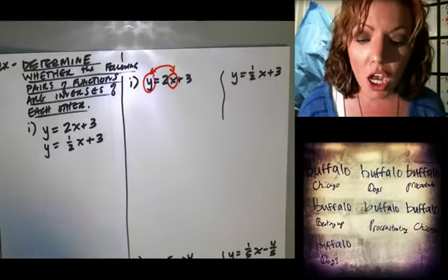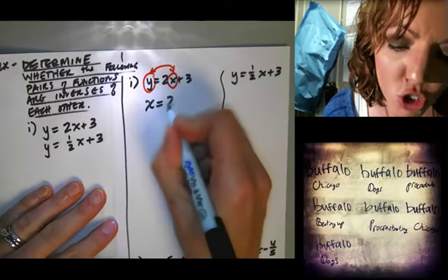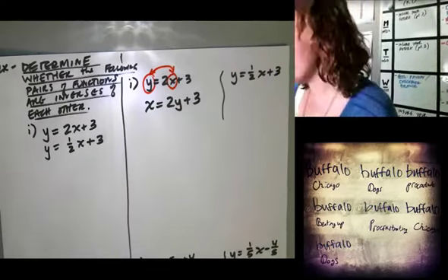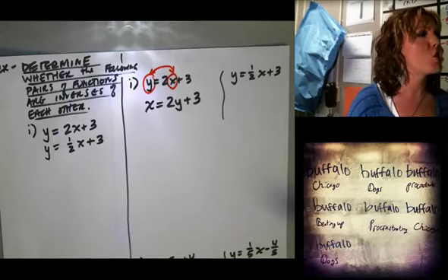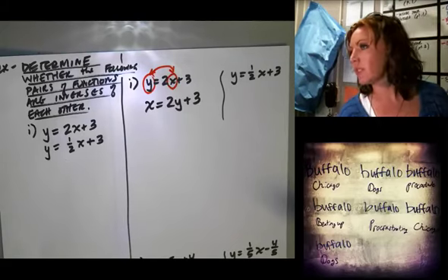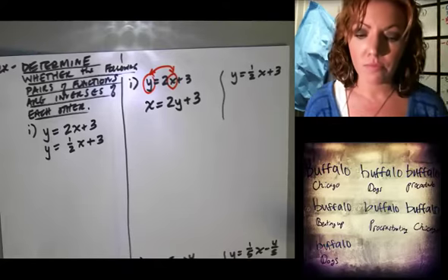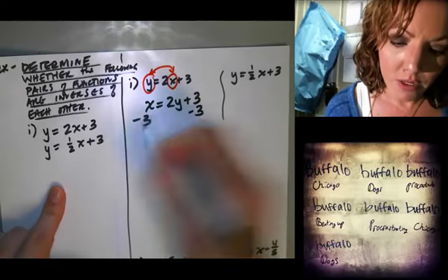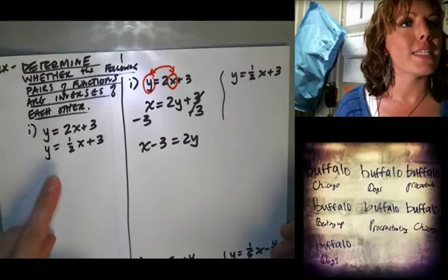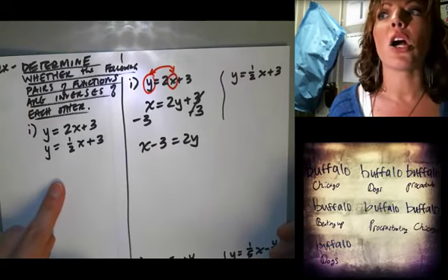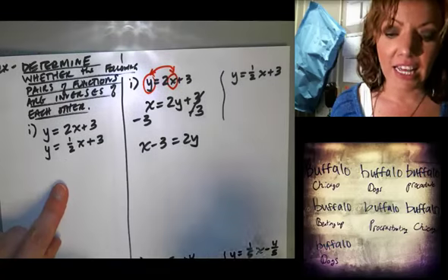If it's not, then we don't. So this becomes x equals 2y plus 3. And then how do we get y by itself? Somebody walk me through the steps. You could subtract 3. So x minus 3 equals 2y. Excellent. Who can tell me what the last step is? Divide by 2.